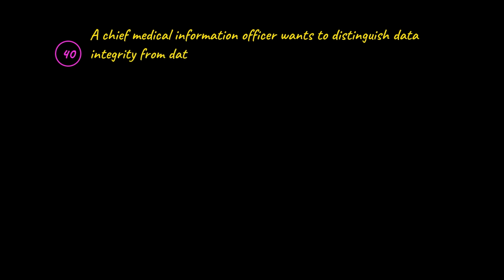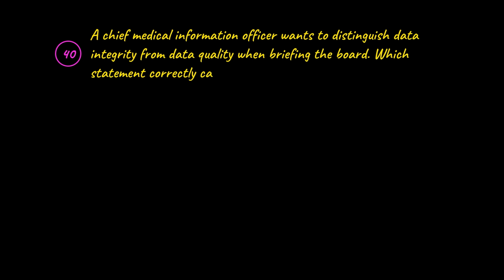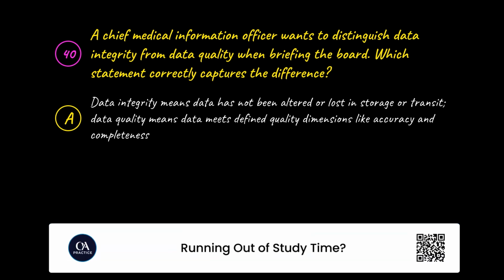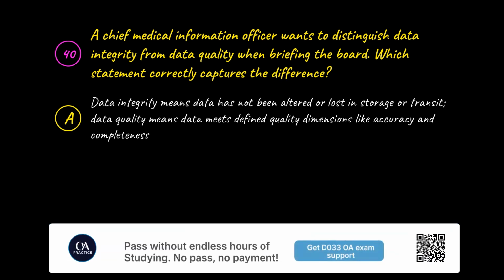Question 40. A Chief Medical Information Officer wants to distinguish data integrity from data quality when briefing the board. Which statement correctly captures the difference? Your options are A. Data integrity means data has not been altered or lost in storage or transit. Data quality means data meets defined quality dimensions like accuracy and completeness.